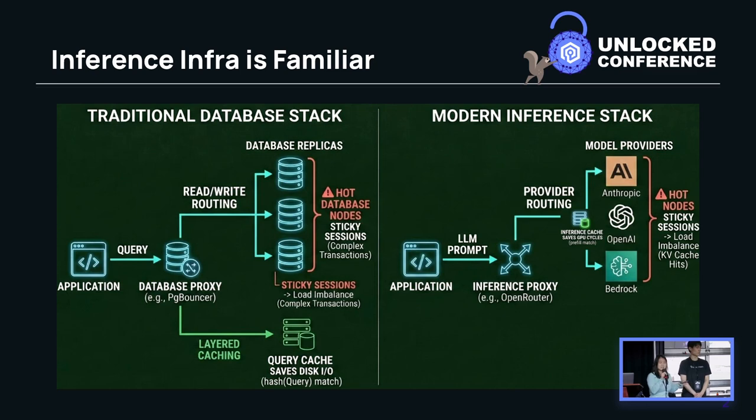On the inference side, it looks very similar. Instead of a query request, the API request may be, for the sake of example, an LLM request: text in, text out. So text in on the request path gets routed through some sort of load balancer or proxy to a model provider where the actual LLM is hosted and the model needs to, quote unquote, reason through the request.